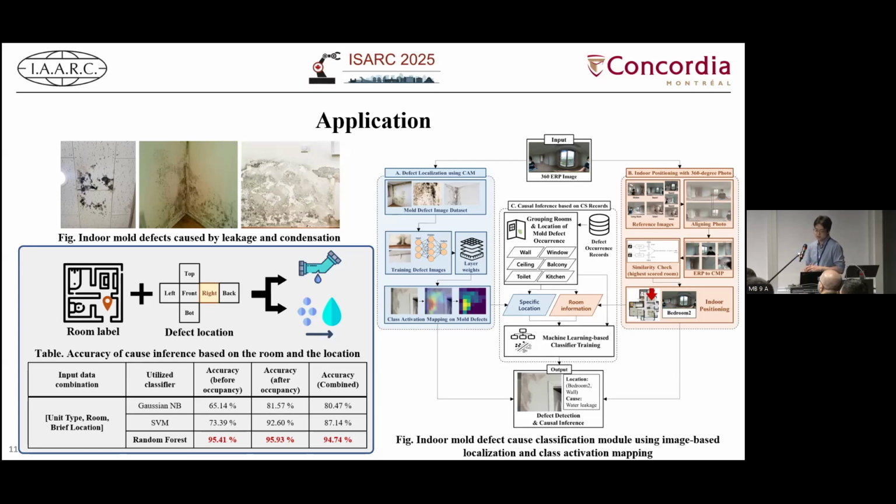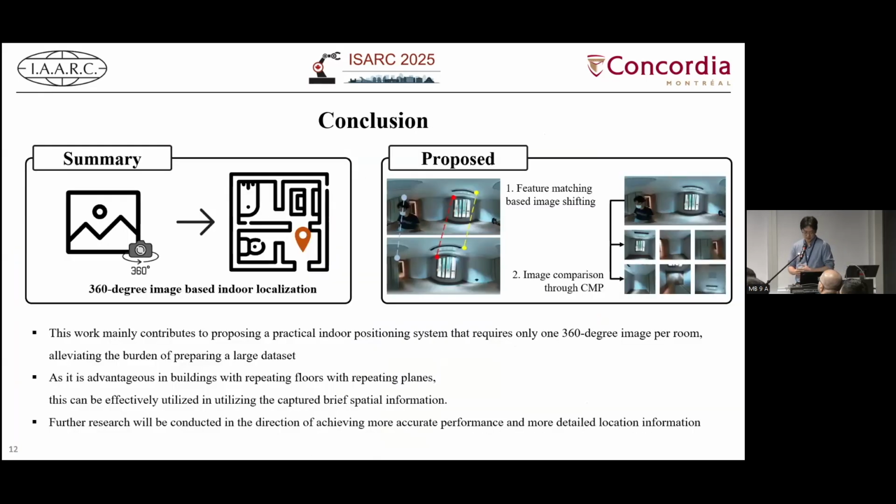So we are conducting research that employs features to infer the root cause of mold defects from their detected location. To summarize, through our work, we propose one-shot and few-shot approaches to recognize where the photo is taken.